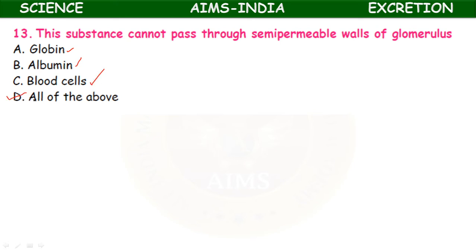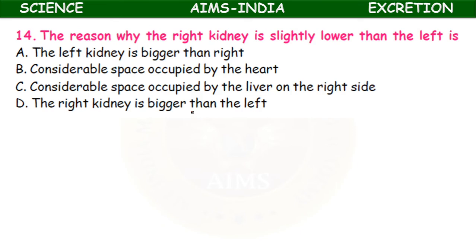So these are not filtered by the glomerulus because they are essential ones. Only non-essential selective filtration takes place, that is called ultrafiltration. And the filtrate which is formed is called glomerular filtrate. The reason why the right kidney is slightly lower than the left kidney.